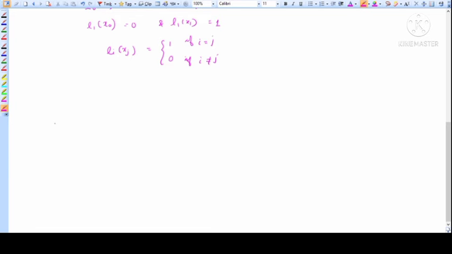And also we can write sigma i is equal to 0 to 1 Li of x is equal to L0 of x plus L1 of x.